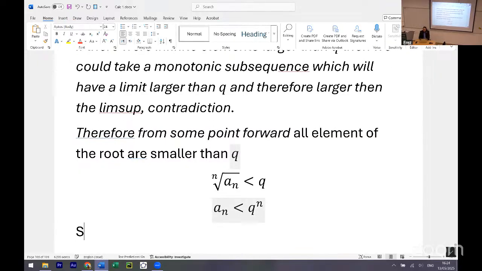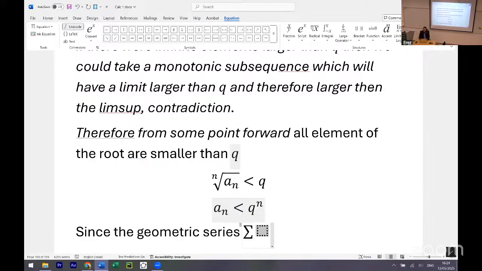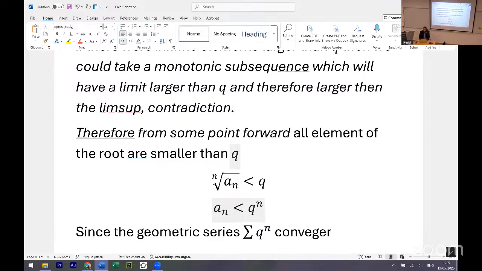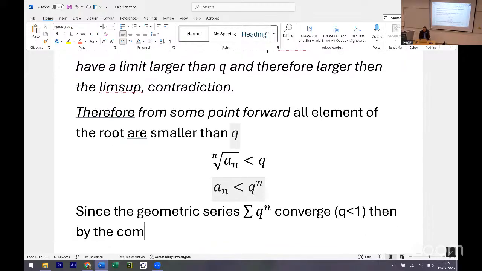But since the geometric series sigma Q to the n converges because Q is smaller than 1, by the comparison test, our series converges.